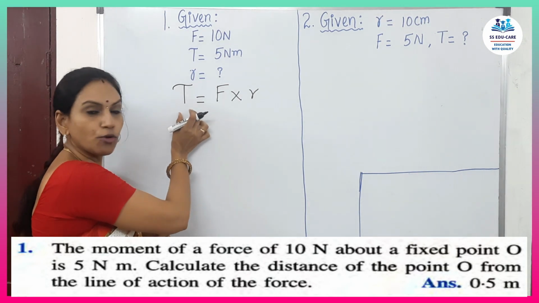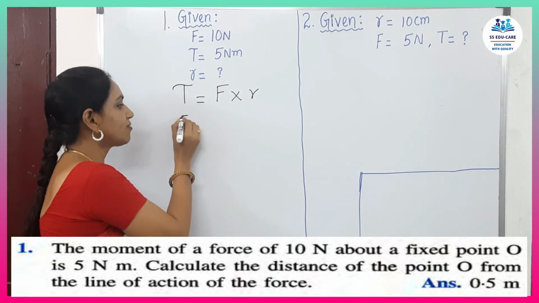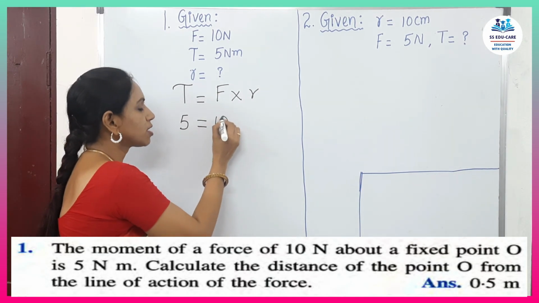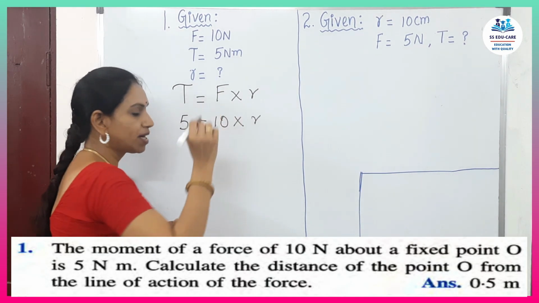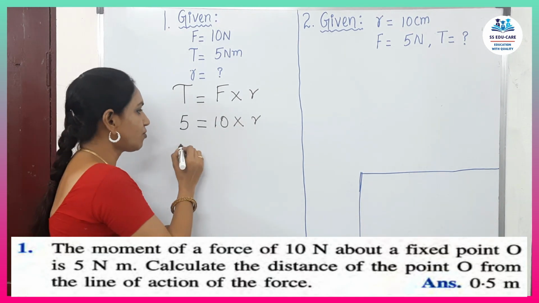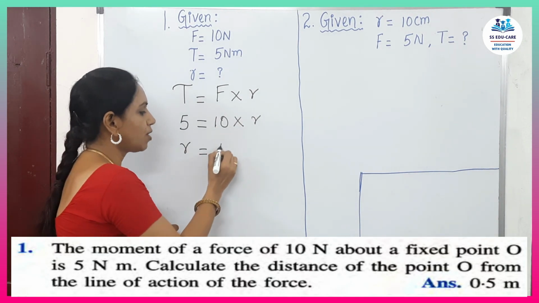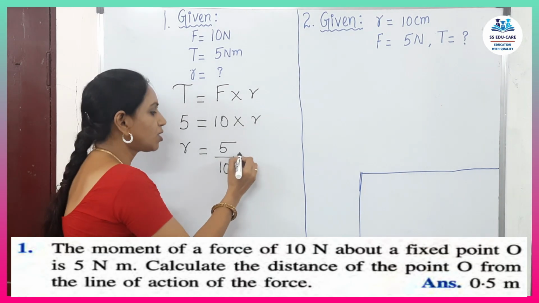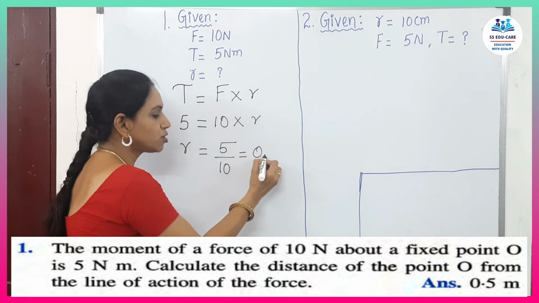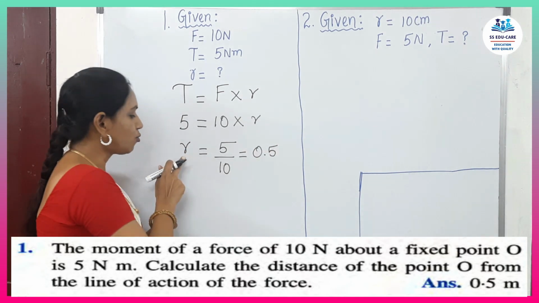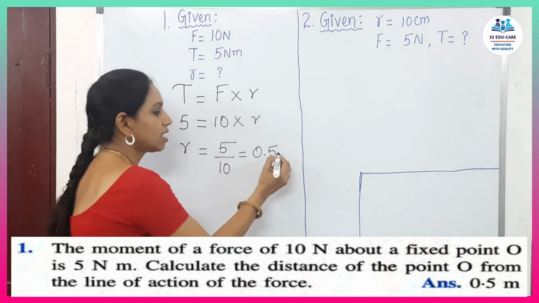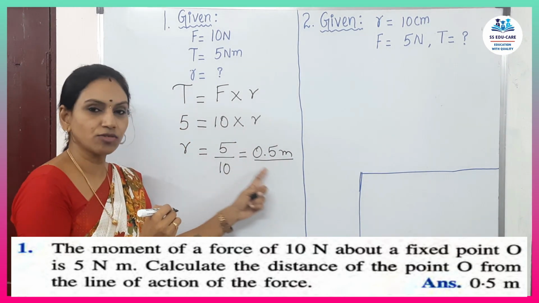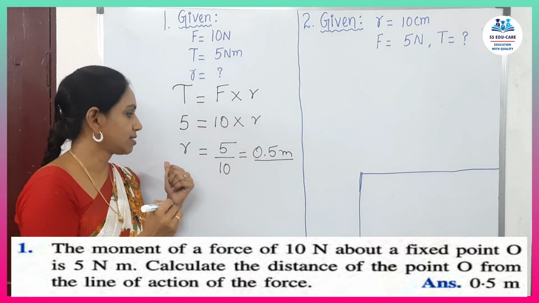Moment of force given is 5, that is equal to your force into your perpendicular distance. You have to find out R. R is equal to 5 by 10. You will be getting 0.5, and the unit of distance is meter. So this is how you will calculate the perpendicular distance.